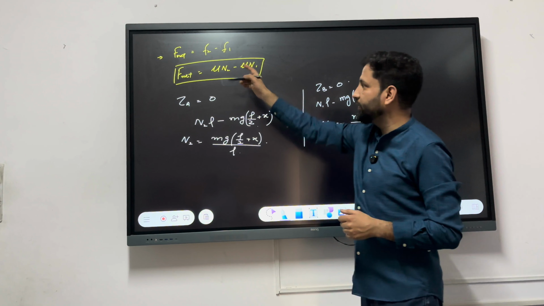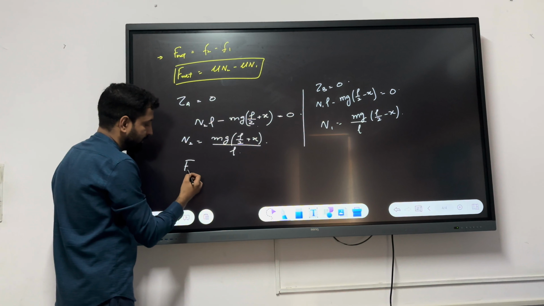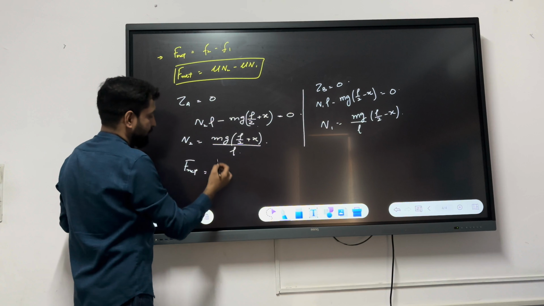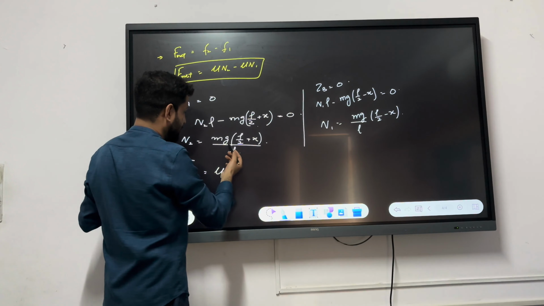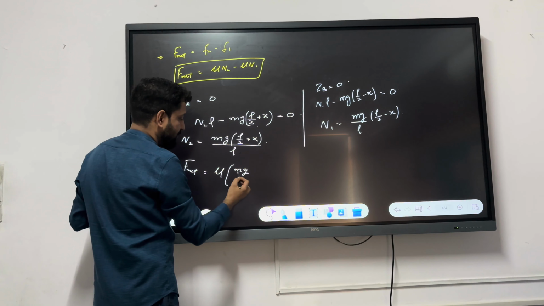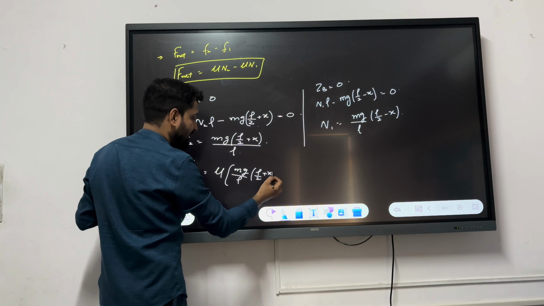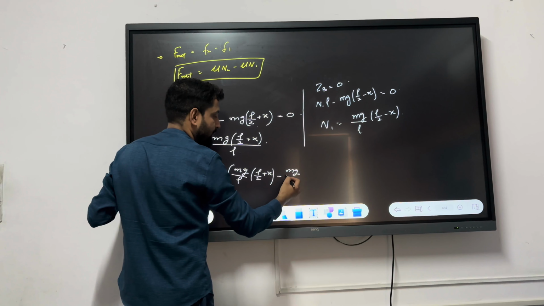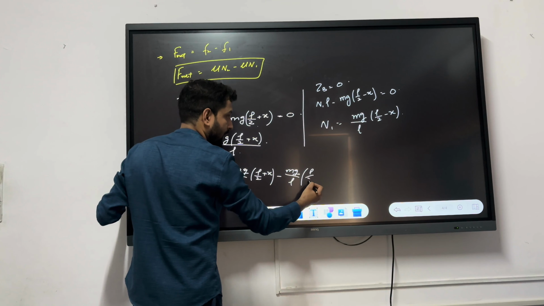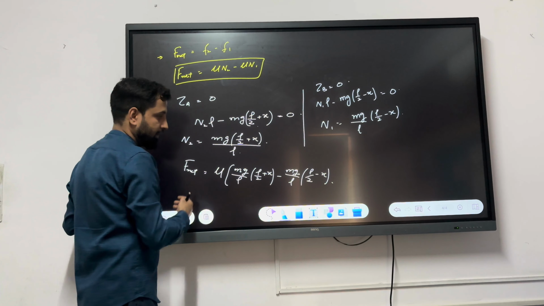Now put the values of these in this. So we have to find F net. F net will be equal to mu, that's common, times (N2 minus N1). N2 is mg by L into (L by 2 plus x), and N1 is mg by L into (L by 2 minus x). From here, let mg by L be common.